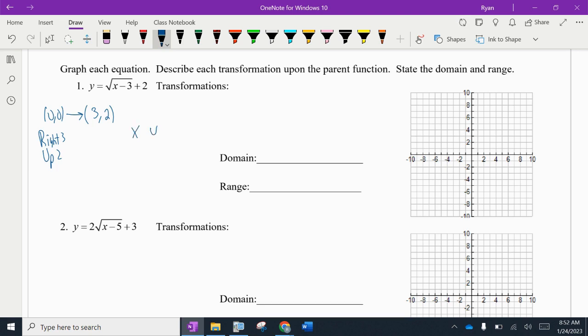As far as what is going to be our most efficient way to graph this, if I pretended that it was only y equals square root of x without the -3 and the +2 in there, like this is the parent function again, it would have been 0, 1, and 4 for the x because these are our perfect squares, the square root of 0, the square root of 1, and the square root of 4.